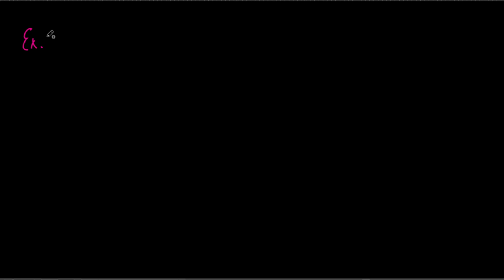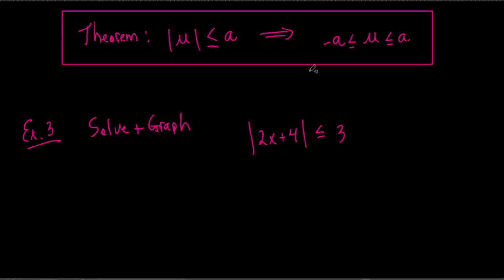So example 3. It says solve the inequality and graph. So solve and graph. All right, here it is. It's 2x plus 4 in the absolute value less than or equal to 3. If we look at that theorem that we just did, what does this tell us to do?